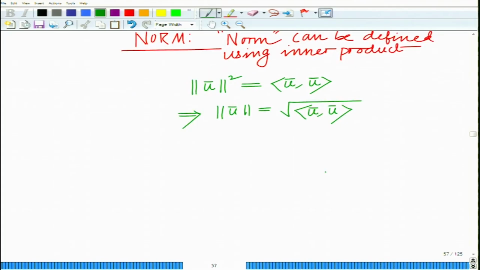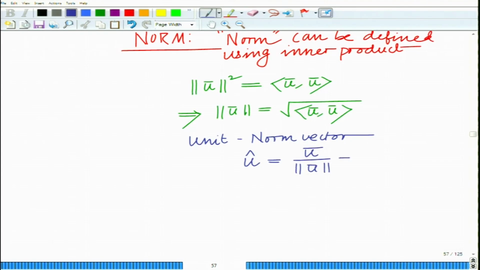And in fact, the unit norm vector can now be defined as u hat equals u bar divided by norm of u bar, that is u bar divided by the square root of the inner product of u bar with itself.